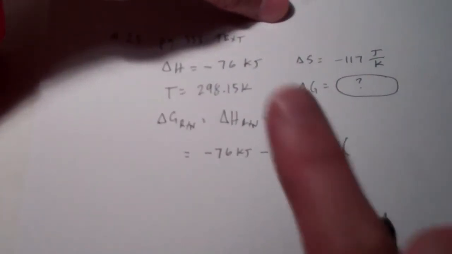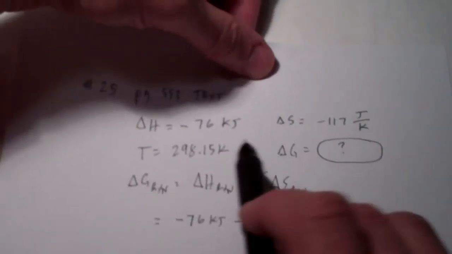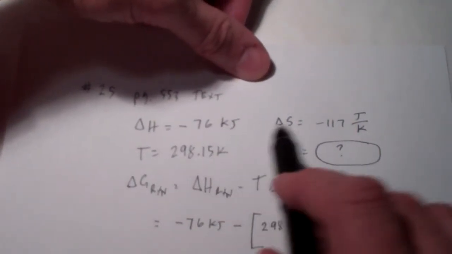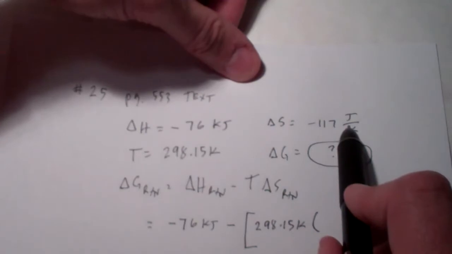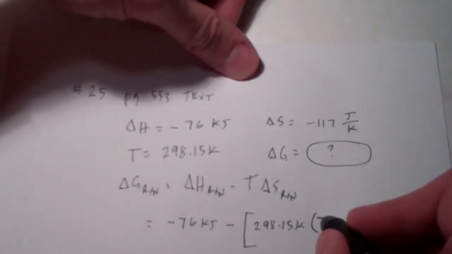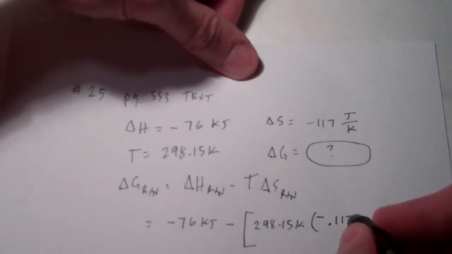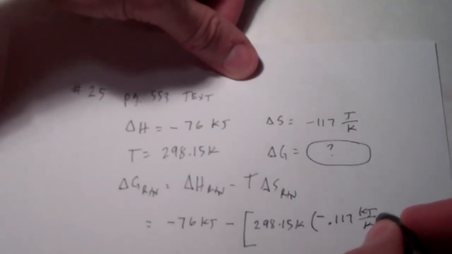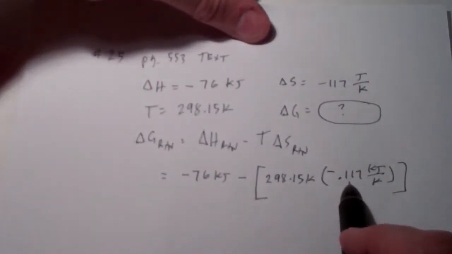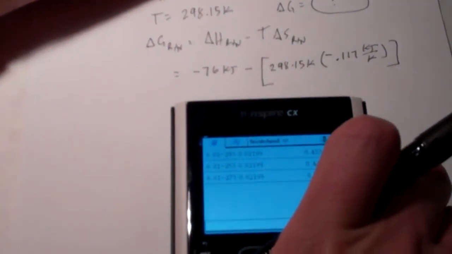Now remember to be careful, and I hope you remembered when you tried this on your own. Delta H is in kilojoules, so delta S needs to be in kilojoules as well. So this will be a negative 0.117 kilojoules per Kelvin. Okay, hopefully you remembered to do that. So, let's see what we get here.